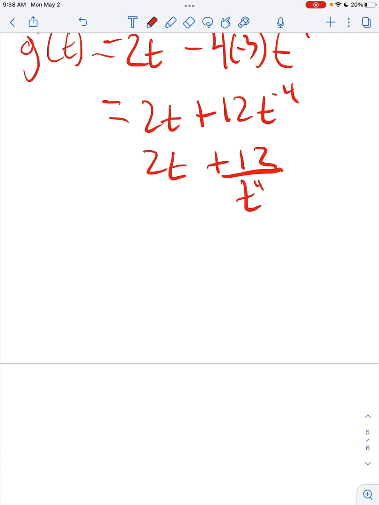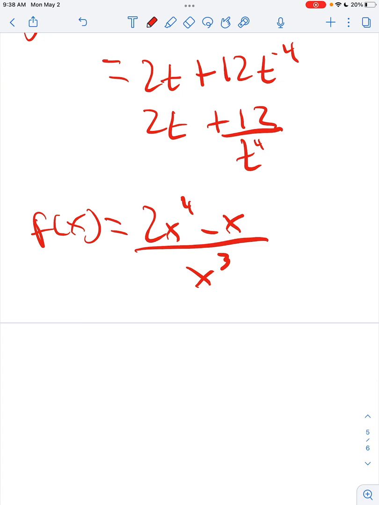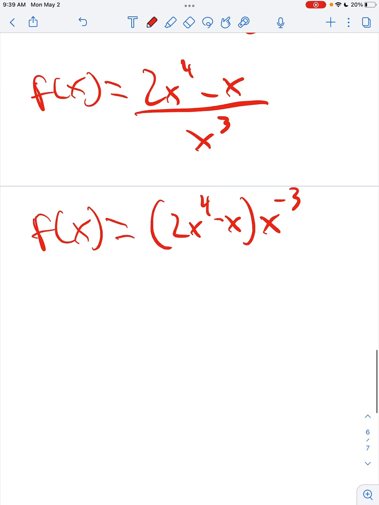Let's do 2 more examples of these. F of x equals 2x to the fourth minus x over x to the third. So again, just for starters, I'm going to move that variable from my denominator to the numerator, and I'm going to do that by making a negative exponent.